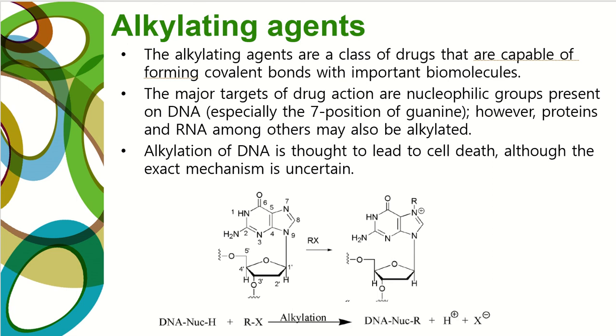So I did mention that we're going to talk about cisplatin, which is an alkylating agent, and they're a class of drugs that are capable of forming covalent bonds with important biomolecules. So, the major targets of drug action are nucleophilic groups present on DNA, especially the 7th position of guanine, seen here.